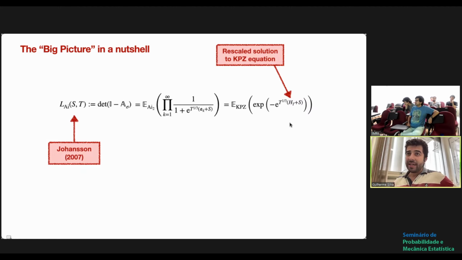So this connection happens at the level of a certain Laplace transform, and on the Airy side, your time is just a parameter of the Airy two-point process. It's no longer stochastic.